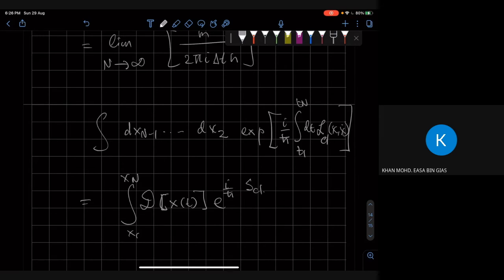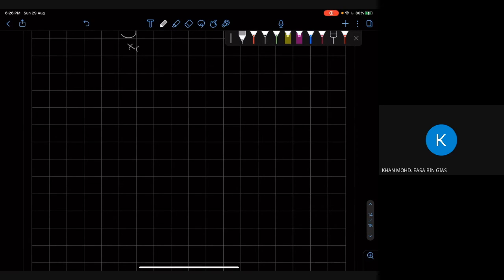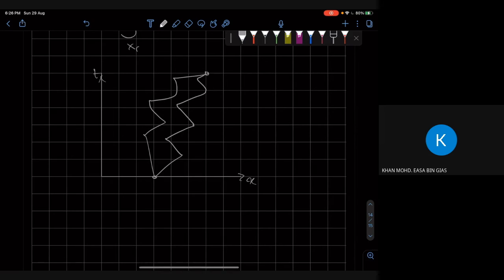Actually, let me just give you the comments right now. The comment that I wanted to make is that if you look at the position space path integral, you have the time direction there and the space direction here. Then you can have zigzaggy paths, as well as continuous paths, as well as smooth paths.